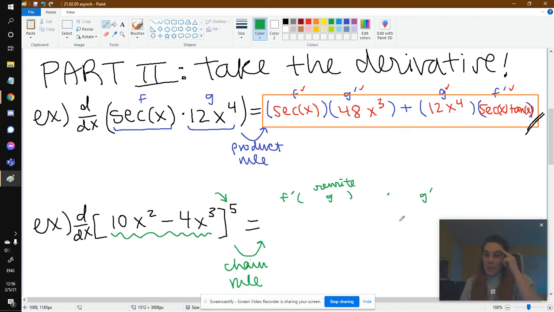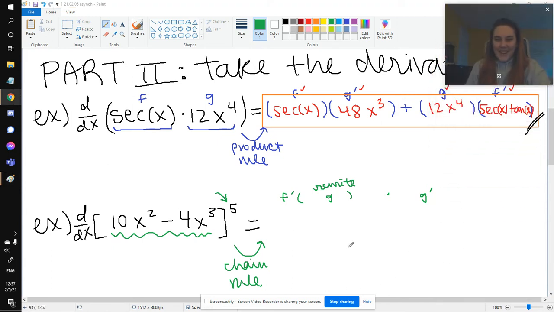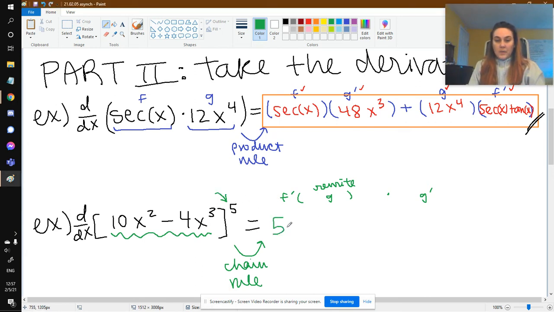So I'm having my pattern out in my head. The derivative of the outside is 5 times something to the fourth, because the outside function is just something to the power of 5. That's the power rule. We take the exponent down, we knock it down by 1. Bada bing.